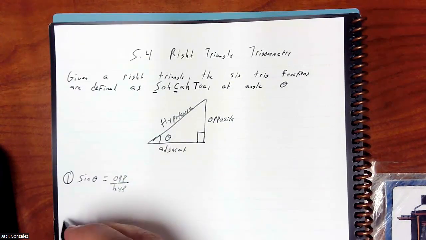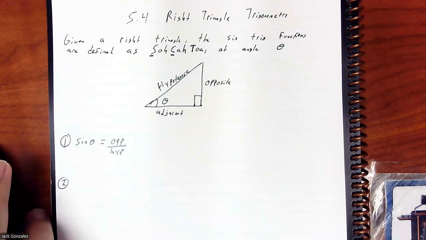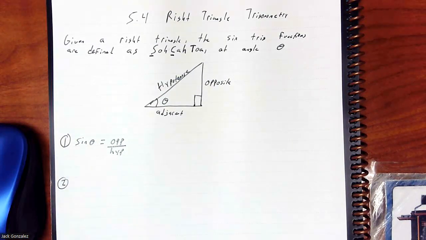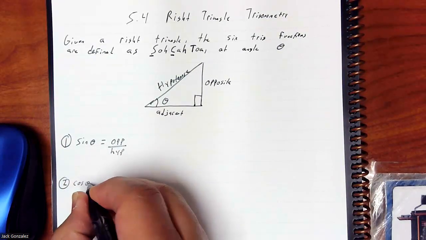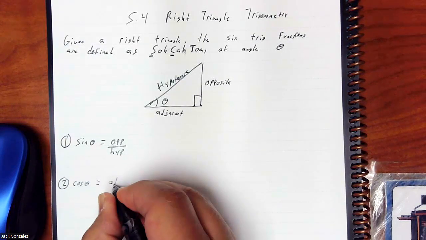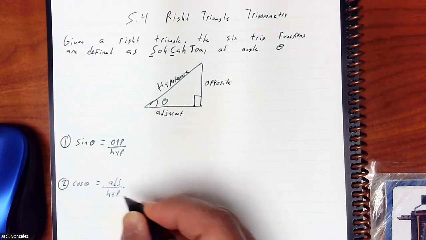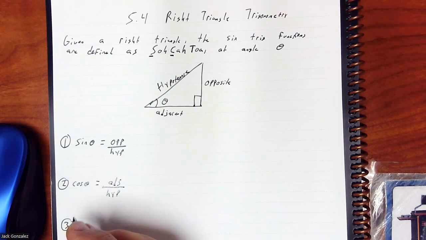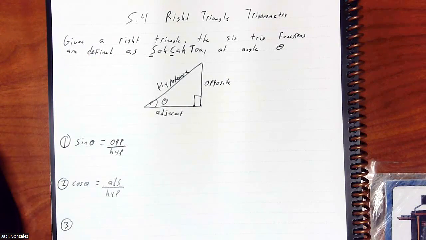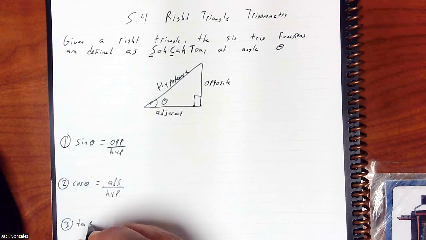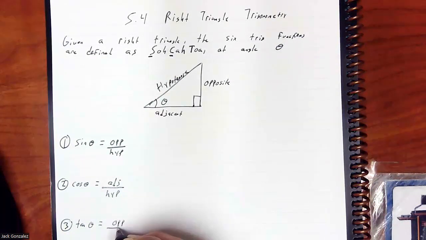Okay. 2, cosine theta will equal adjacent over hypotenuse. 3, tangent theta will equal opposite over adjacent.